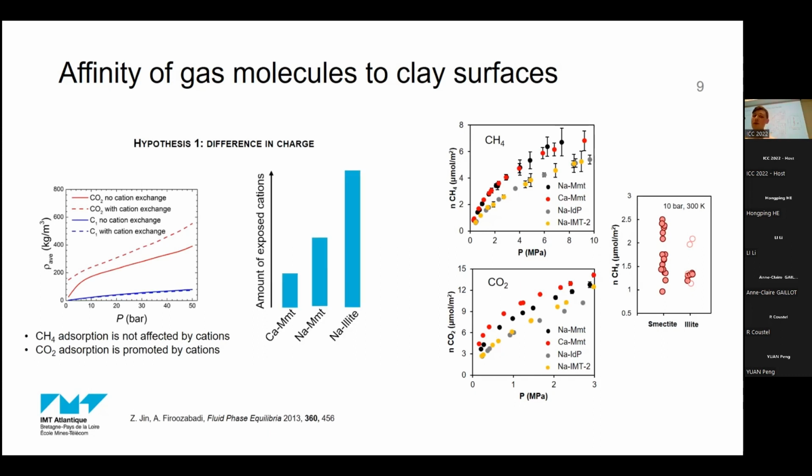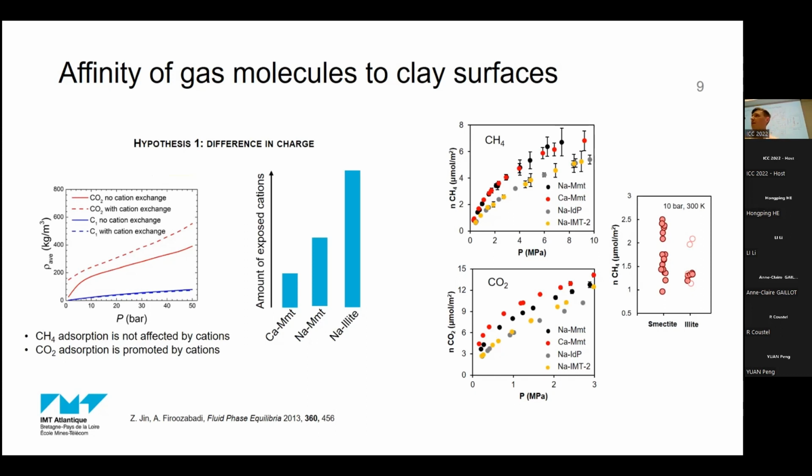In our series, we have an increasing number of cations when we go from calcium montmorillonite to sodium illite. So we should expect no difference between methane adsorption isotherms for all these clays, and should expect higher adsorption or higher affinity for illite clays.